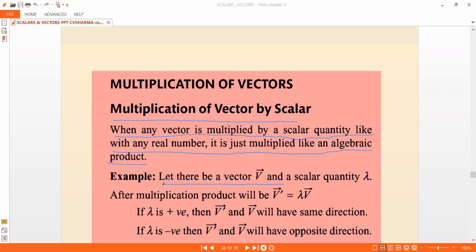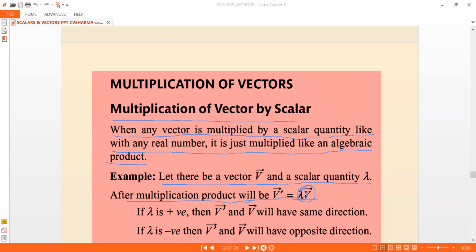Let there be a vector v bar and a scalar quantity lambda. After the multiplication, the product will be v dash bar, and v dash bar will be lambda times v bar. So what you generate is a parallel vector having a different magnitude, lambda times that of v bar.